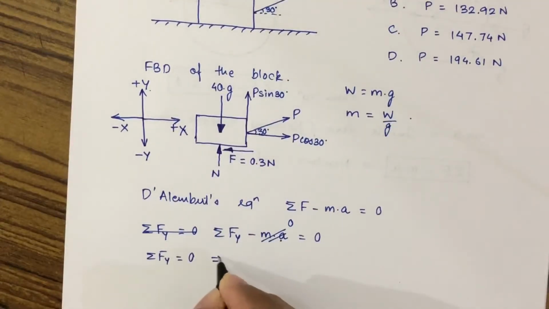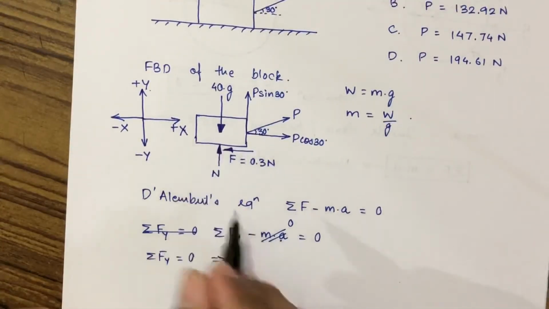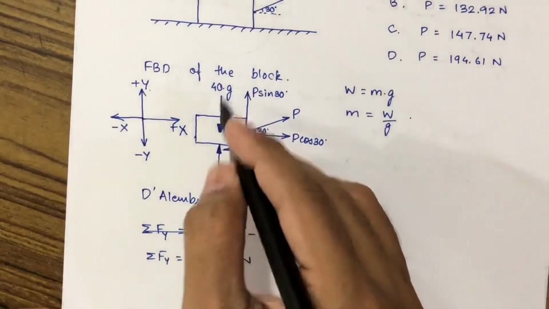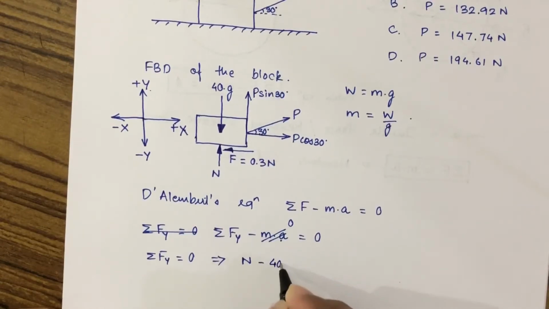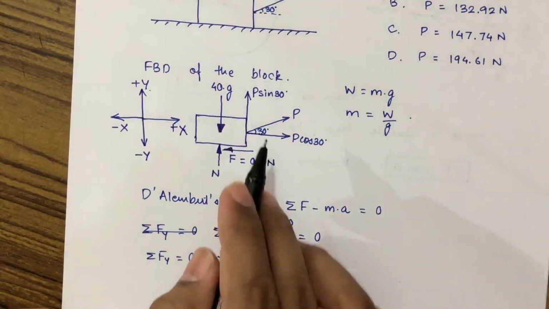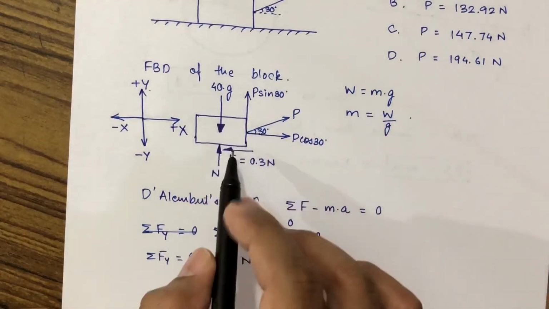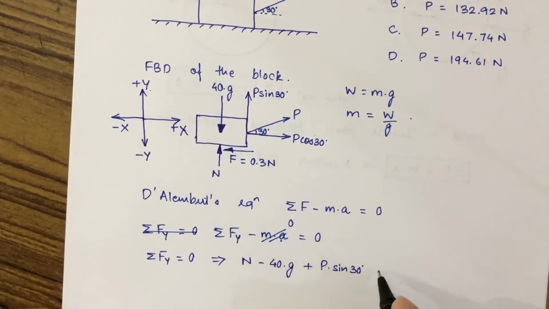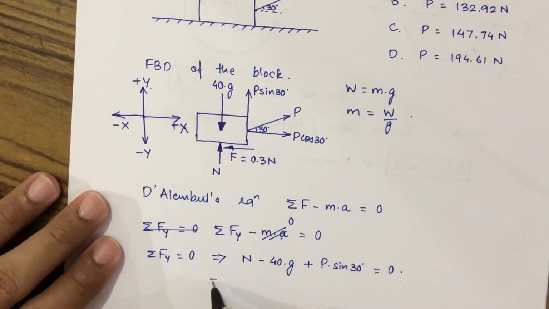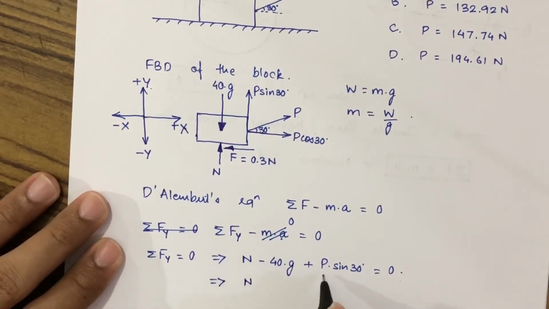So here the equation that we will get is, this is N and this is 40 g, but it is going in the downward direction. So N minus 40 into g, and this is plus P sine 30 degree. Are there any other vertical forces? No. So this will be equal to 0. Now this can be written as N plus P sine 30.